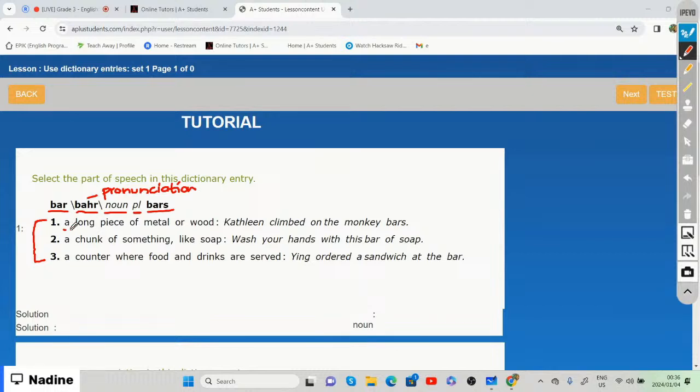So here they give you the meaning. And then here they're giving you an example, a sentence example saying, Kathleen climbed on the monkey bars. So now you not only know the meaning, but you know how to put the meaning in context.